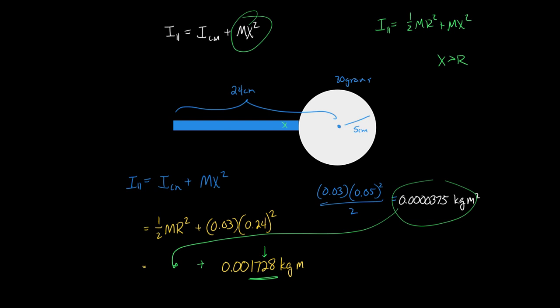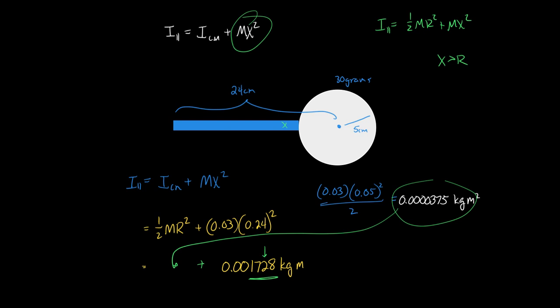Which brought me to wanting to find the moment of inertia of that apparatus, to calculate it. Not with the disk in place, but with these masses in place. But I was thinking, when they're out here, we certainly can treat them as point masses. They're far enough away from the center.